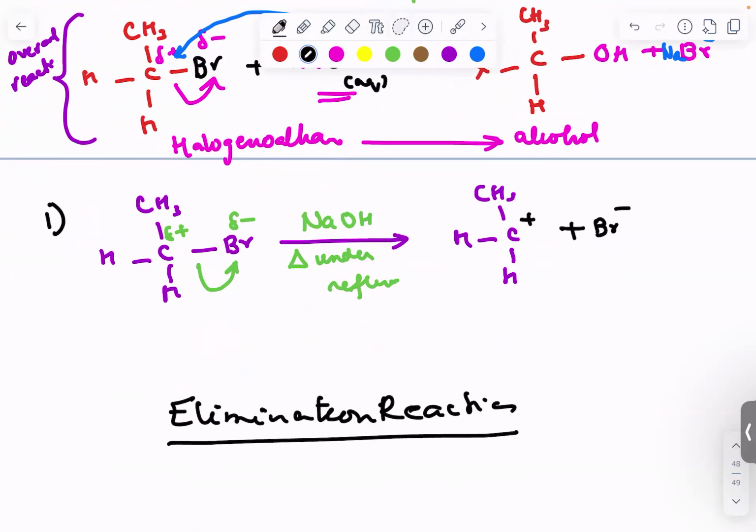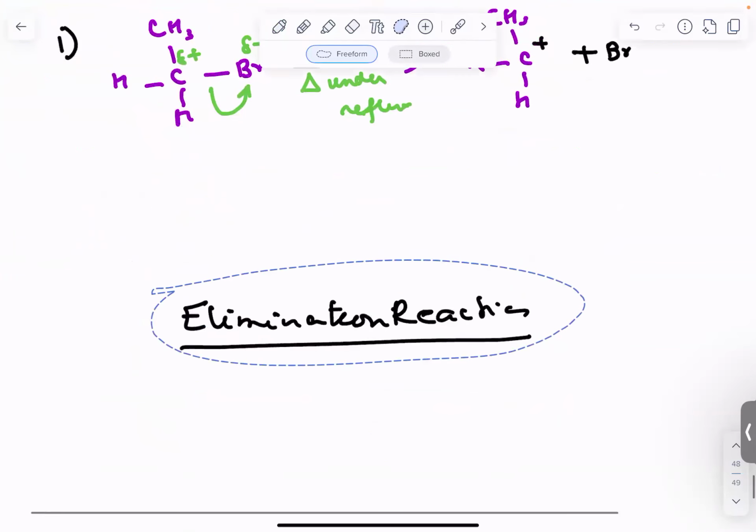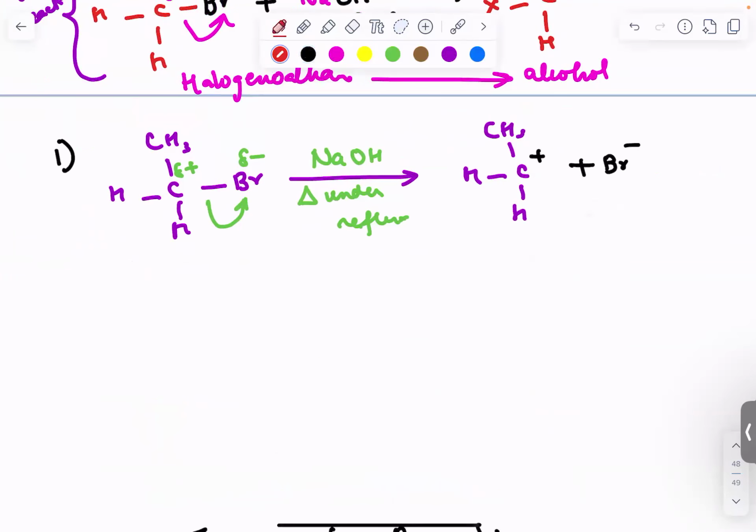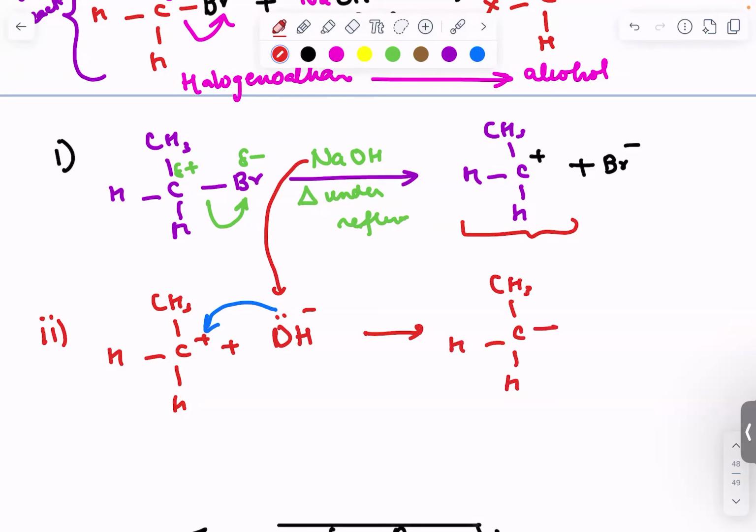Now in the second step, what is going to happen, I will take this species, CH3CH2 positive, plus OH, this OH or sodium hydroxide, whatever the case may be, will be taken, and it is going to attack on this, and we are going to get CH3CH2OH.